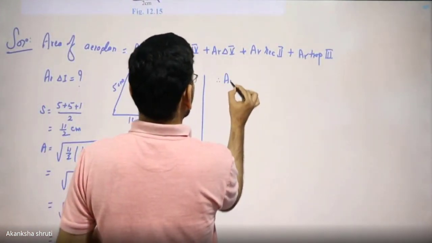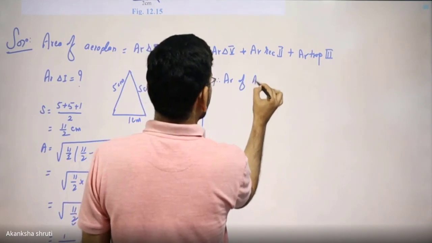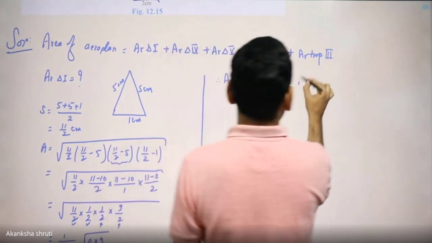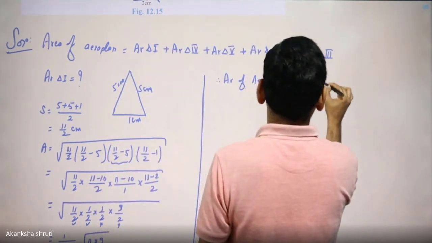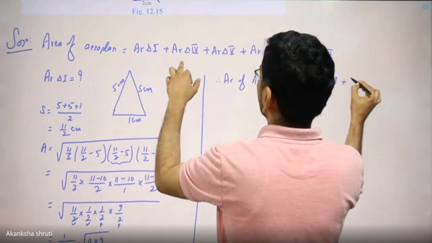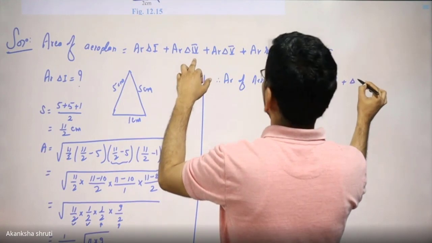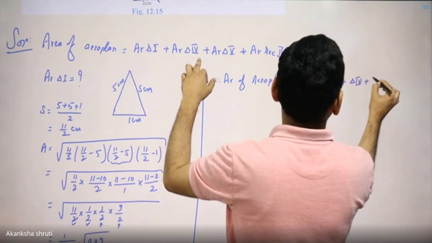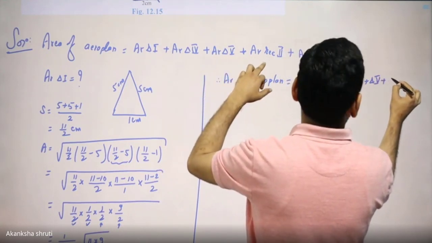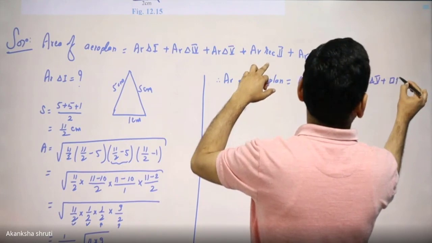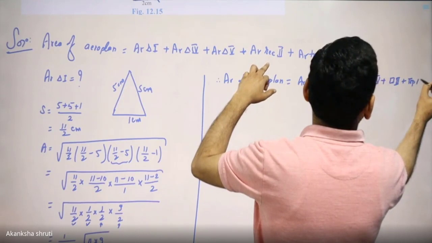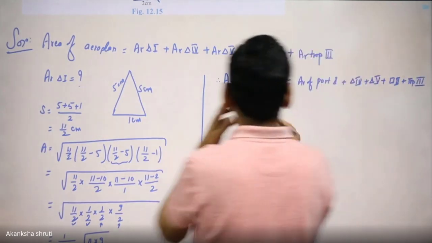Therefore, area of aeroplane is equal to area of part 1 plus triangle 4 plus triangle 5 plus rectangle 3 plus trapezium 3. Rectangle 2 and trapezium 3.